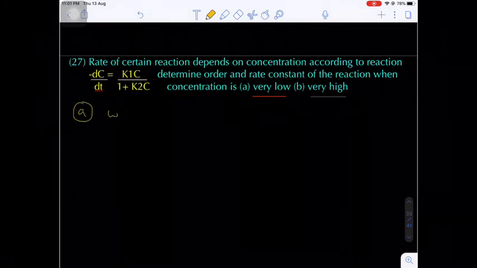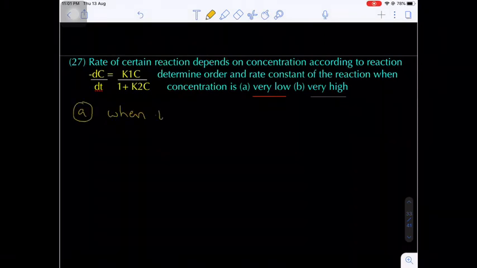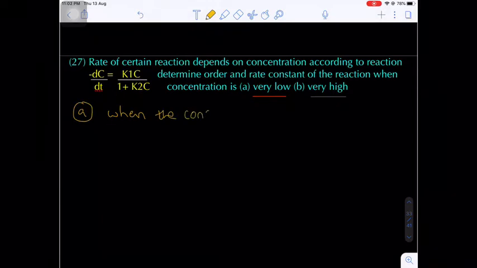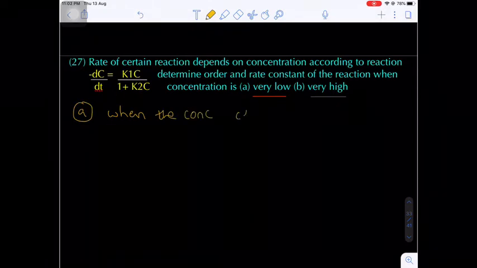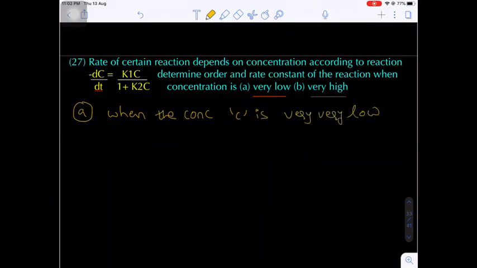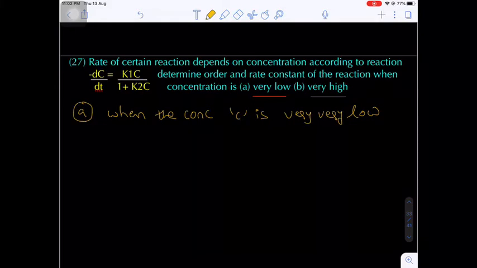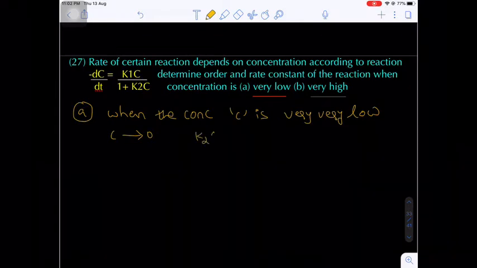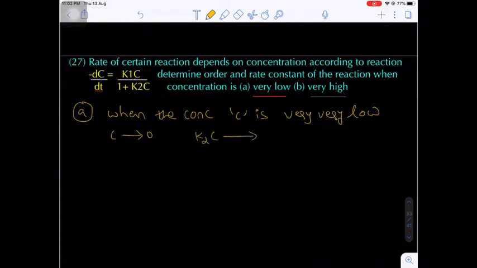Here there are two questions given. The first question, when the concentration C is very low, that means the C value is tending to 0, yes or no? Now K2 times the C value also tends to 0.